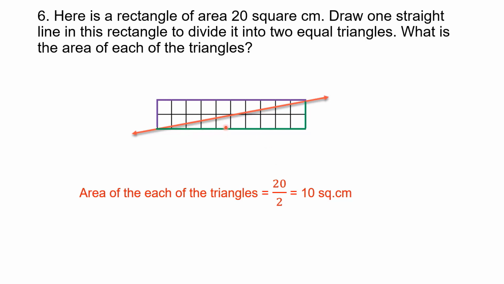Since it is divided into 2 equal triangles, it is divided by 2. 20 divided by 2, that is 10 square centimeters. So, area of each of the triangles is 10 square centimeters.